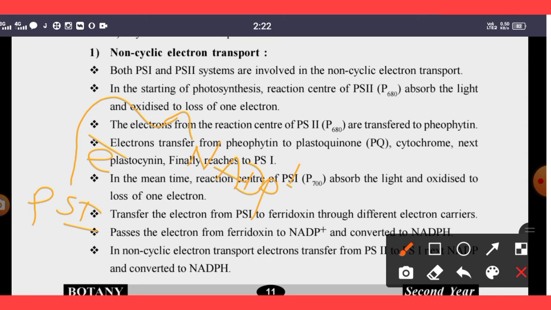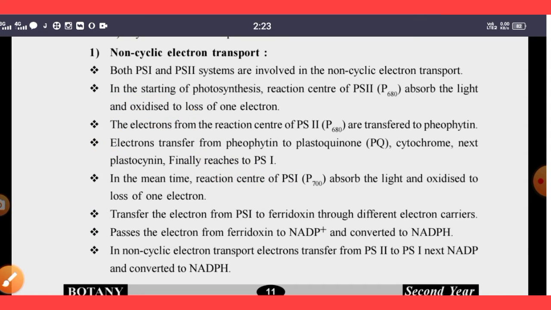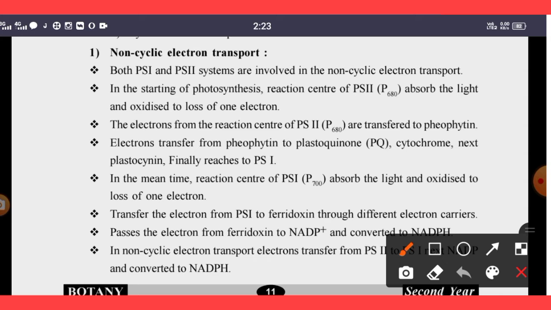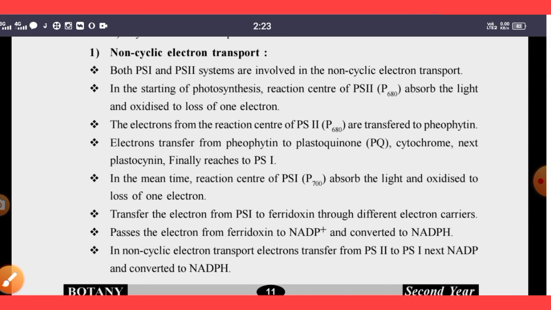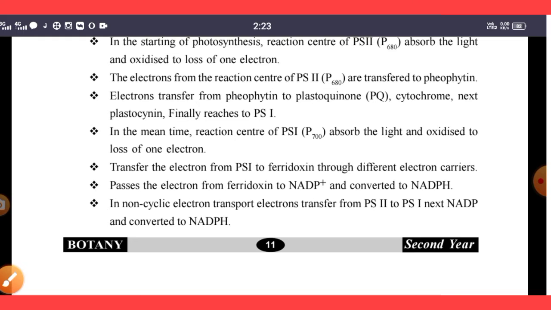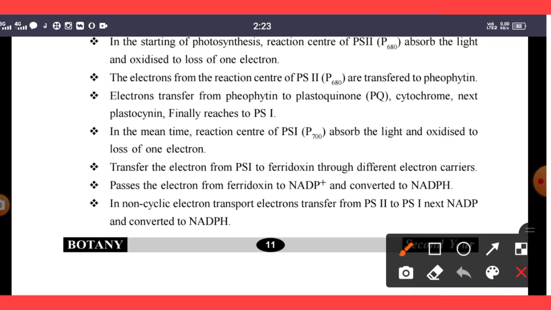Electrons are transported: first from PS1 to ferredoxin, then from ferredoxin to NADP plus by the different electron acceptors, and converted to NADP.